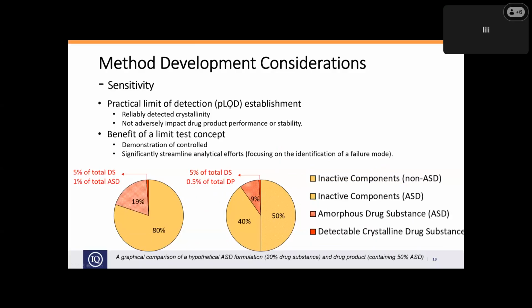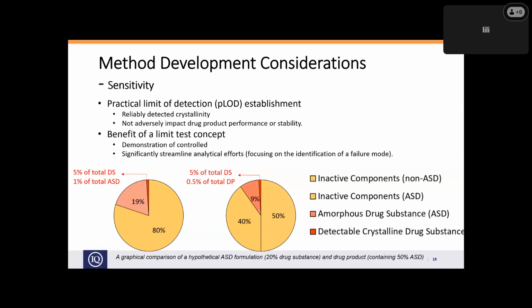This practical limit of detection may not necessarily be the same as the theoretical limit of detection by the technique, but it is the level of crystallinity that has been shown not to impact the drug product performance negatively, and that is able to be detected reliably. So that's what we mean by practical limit of detection.